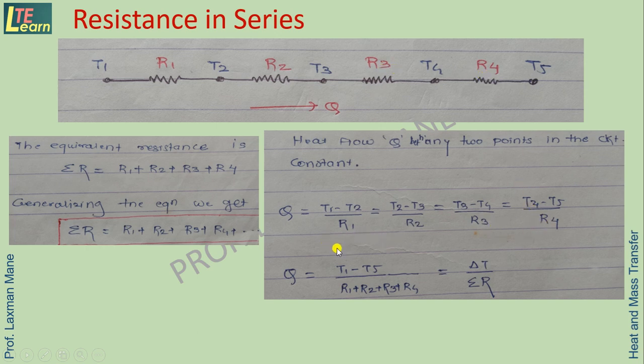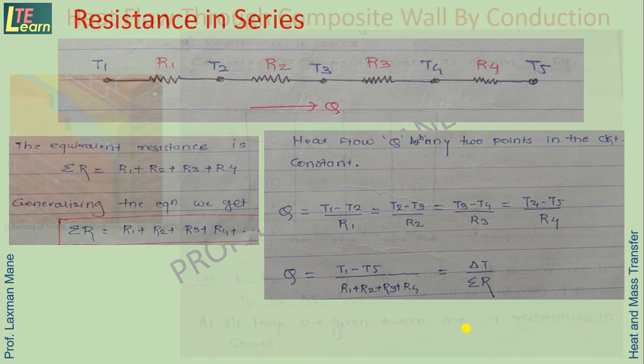If we consider the first point and the last point, the temperature difference is T1 minus the last point T5, divided by the sum of the 4 resistances between these 2 points, so R1 plus R2 plus R3 plus R4. So Q is equal to delta T divided by summation of resistances. This formula is for resistances in series.